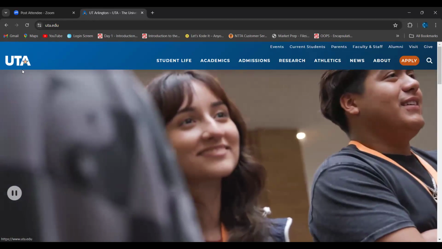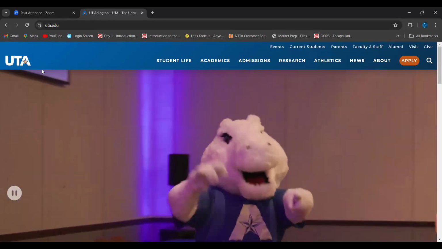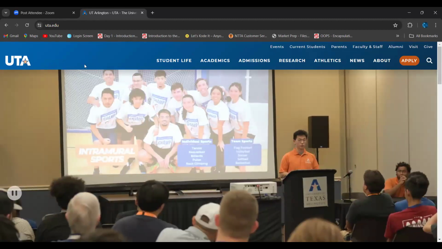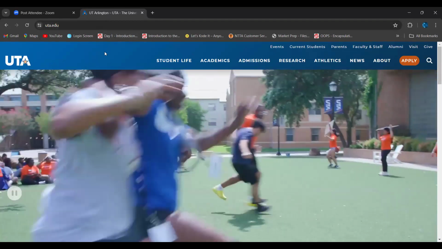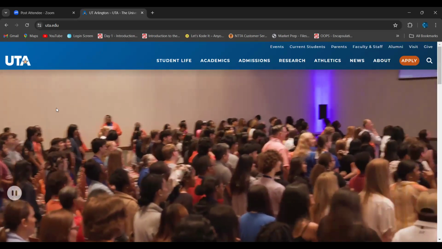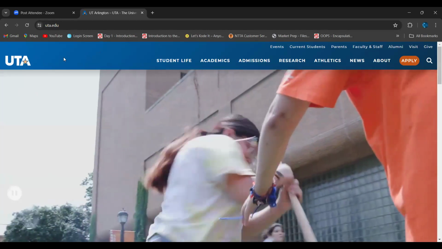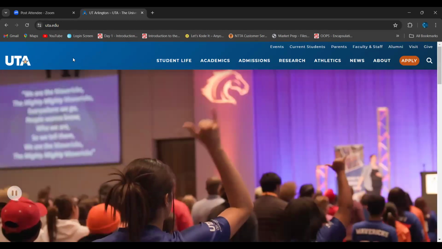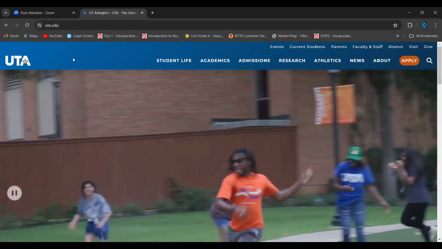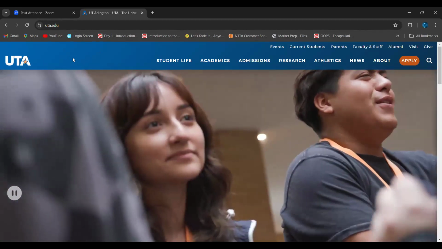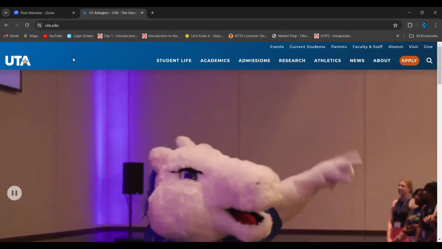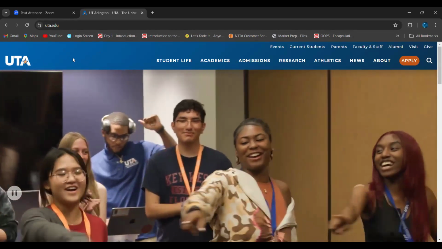Now, suppose the website logo is not present. This logo, this University of Texas, UTA right here. Suppose this logo is not present on this website. What will happen? What will be the impact on the business of this site? It's going to be ambiguous because you don't know which school you're dealing with.